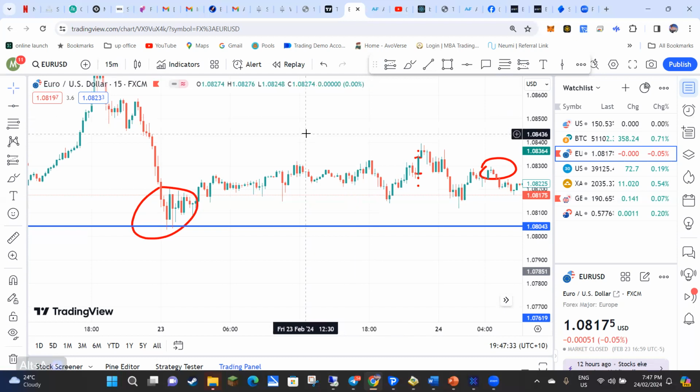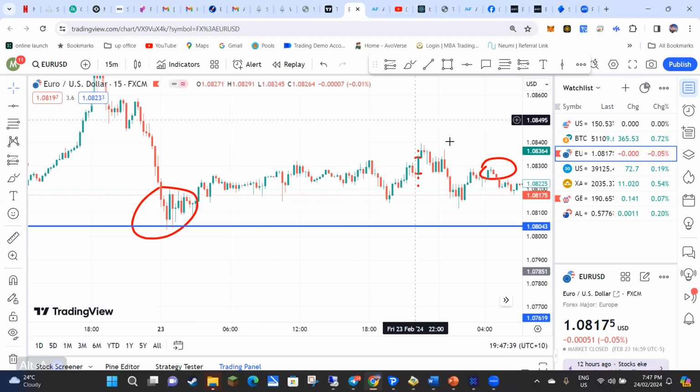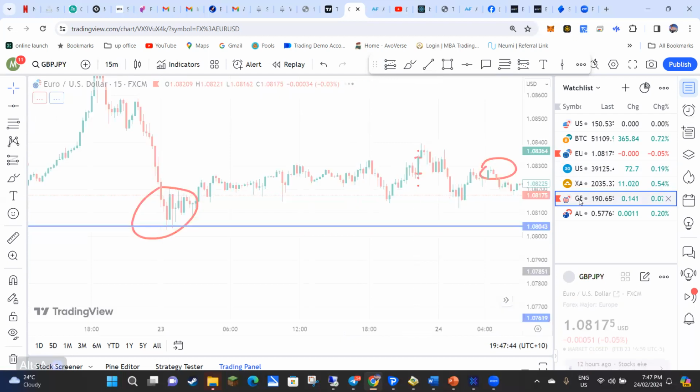So 1 to 10 risk to reward ratios are more than doable, even more than that. Anyway, we're not getting into that tonight, but soon.